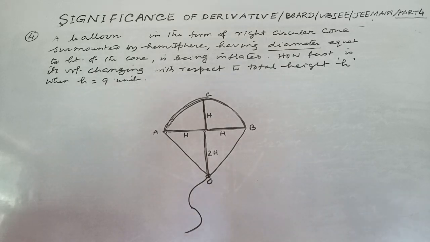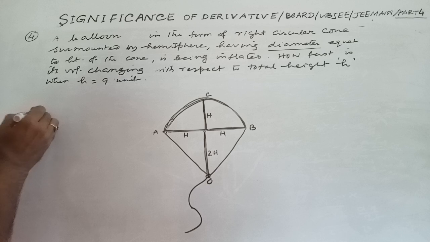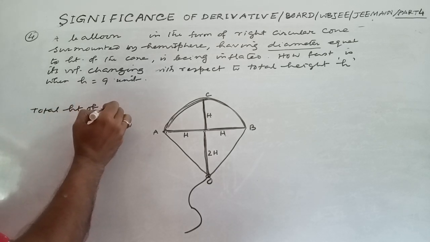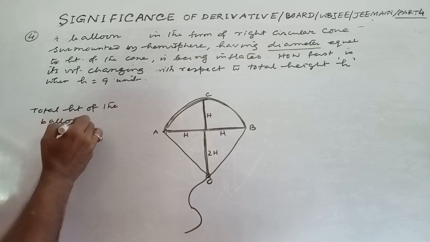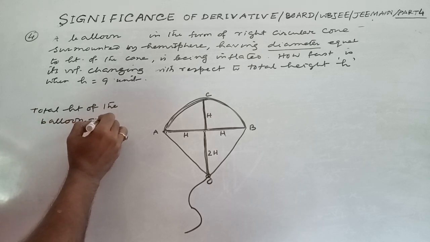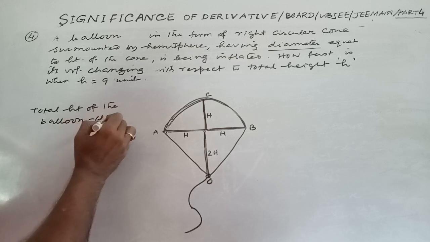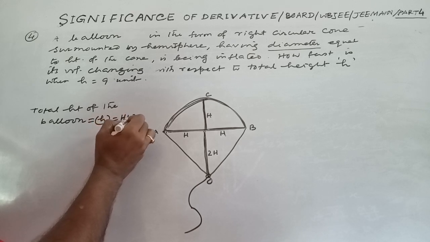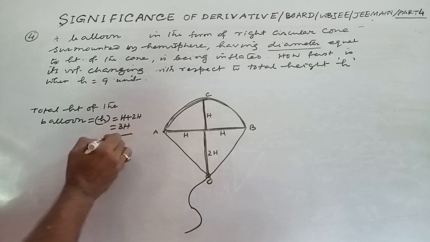Now what is the total height of the balloon? The total height equals H plus 2H, that is 3H.